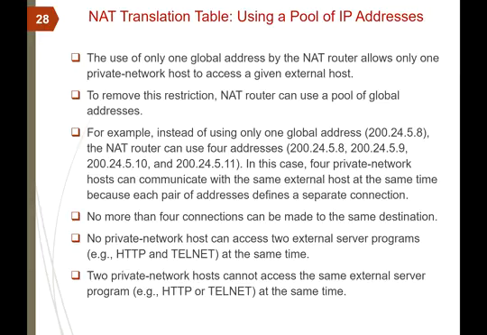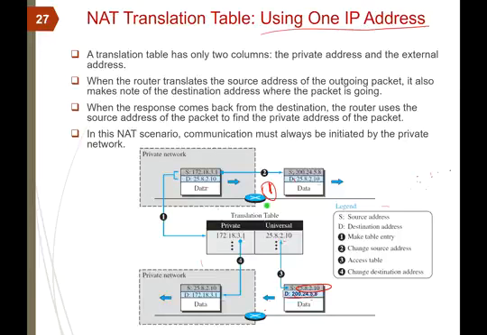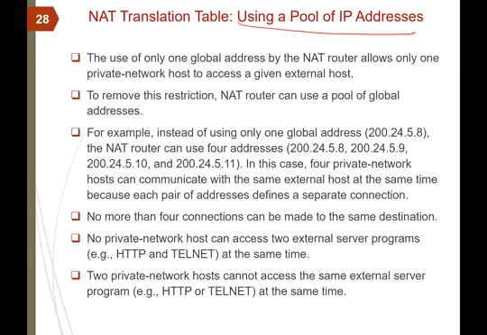This is the disadvantage. The other way is to use a pool of IP addresses. In this case, the router can use 4 or whatever number of public IP addresses, and it can do several requests to the internet at the same time.